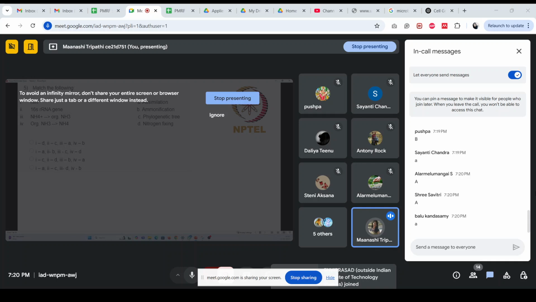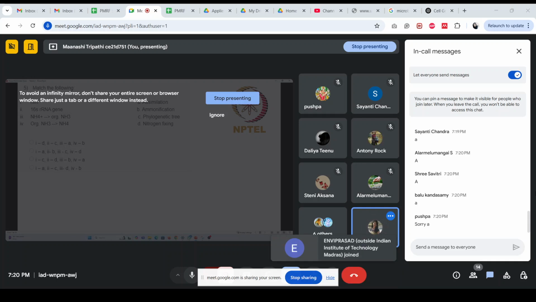Anything which is in ionic form, ionic form meaning there is a plus or minus sign, is always in dissolved form. When there are no charges present, we can say it is either in gaseous form or just elemental form.